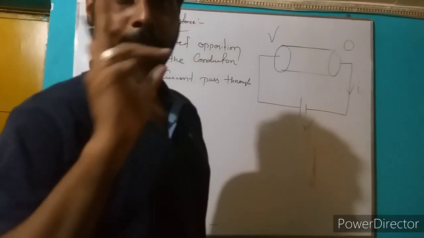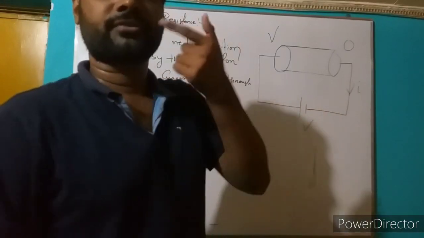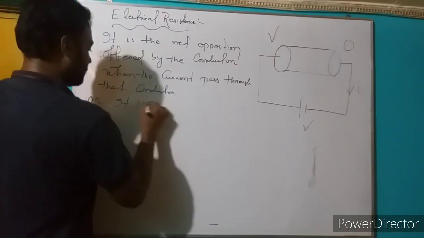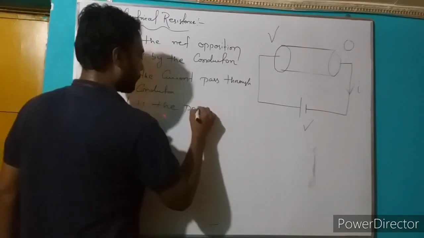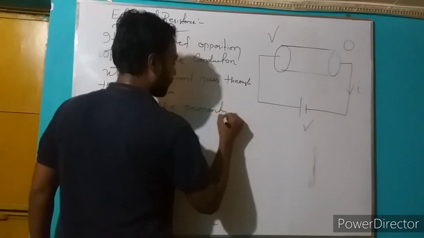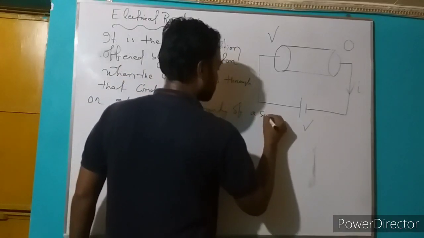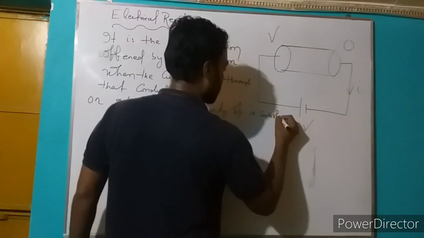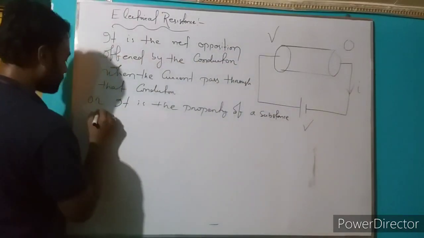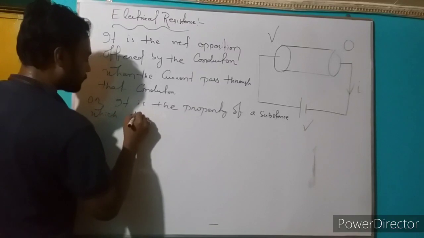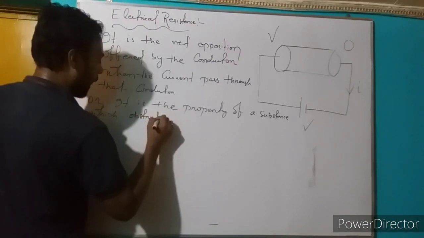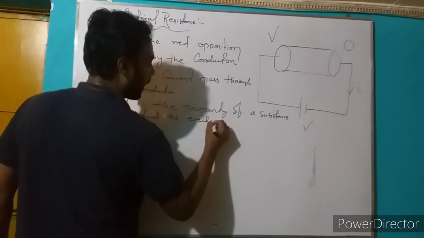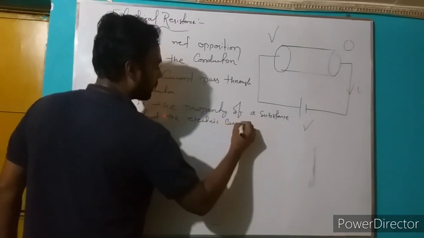It is the property of a substance which obstructs the electric current. Clear?